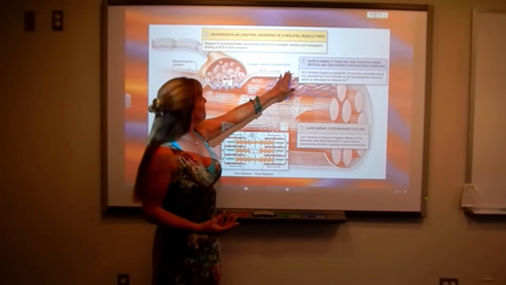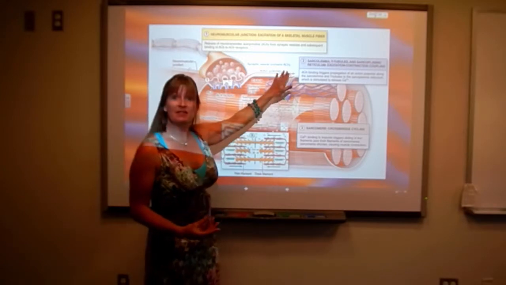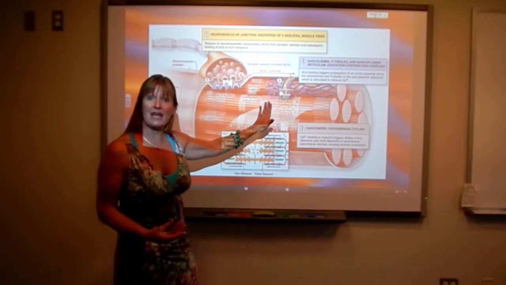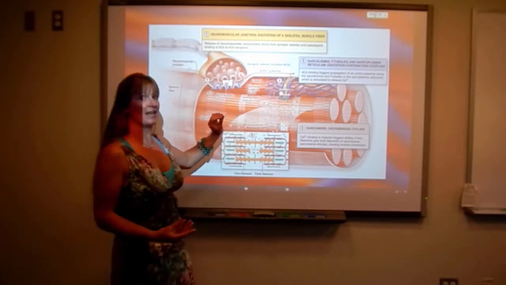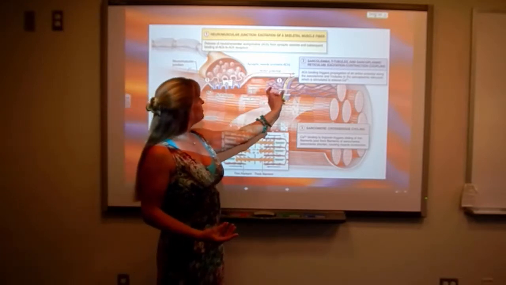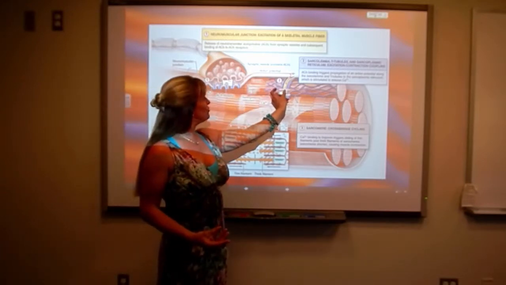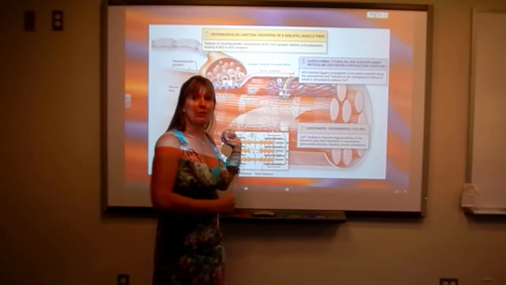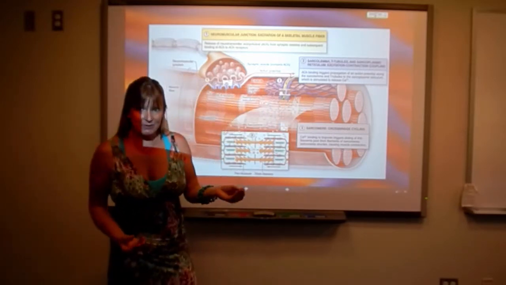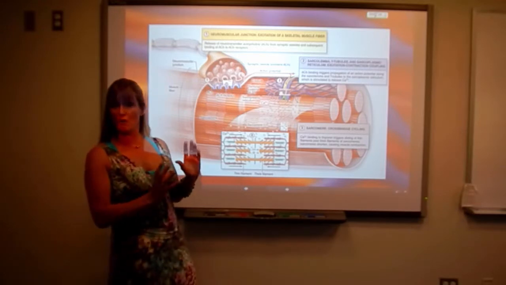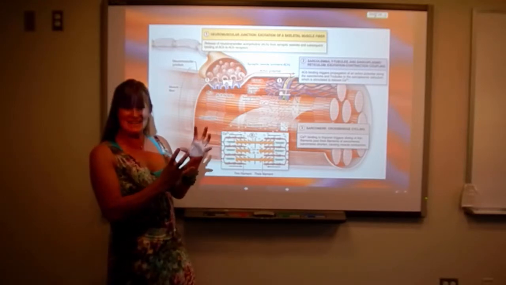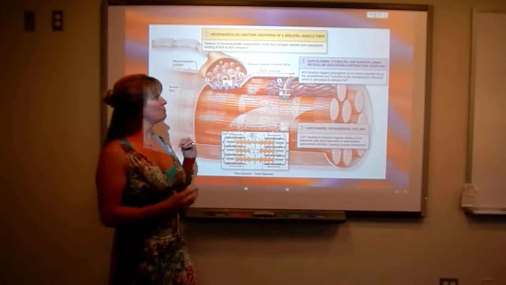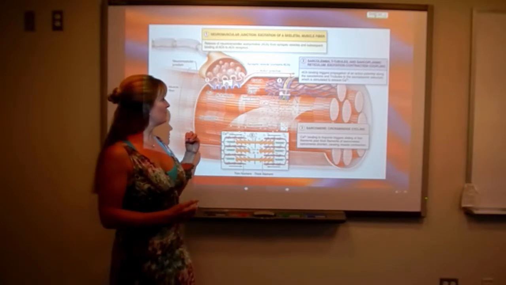And then it will be propagated throughout the cell using the system of T-tubules that we took a look at in our previous lecture. The T-tubules are tightly associated in a triad with two pieces of sarcoplasmic reticulum. You'll recall the sarcoplasmic reticulum is a big reservoir of calcium waiting to be released. It really wants to move out of the sarcoplasmic reticulum.